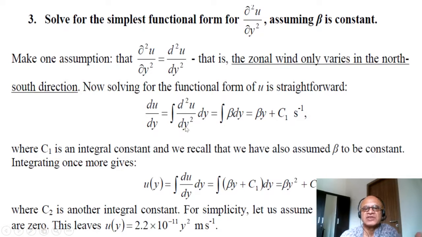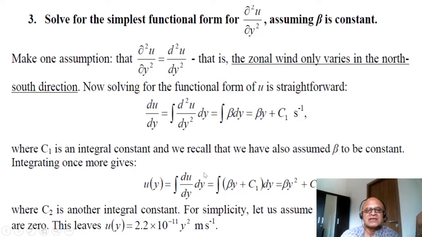So the vorticity required can be calculated that way. And d²u/dy² is what we are trying to match to beta. So that's the integral of beta dy. Beta is constant on our beta plane, so it is beta y plus c1, an integration constant, and this is per second because we integrated in y, right?